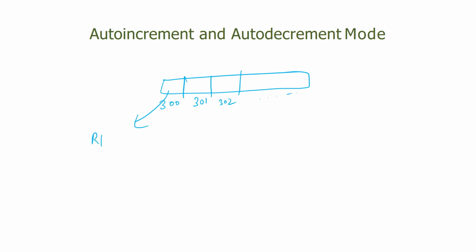So my R1 has the value of 300 and I want to increment every time. So rather than jumping from addresses 300 to 301 to 302, what we do is we keep the base address the same and then add +1 every time using the auto increment mode.